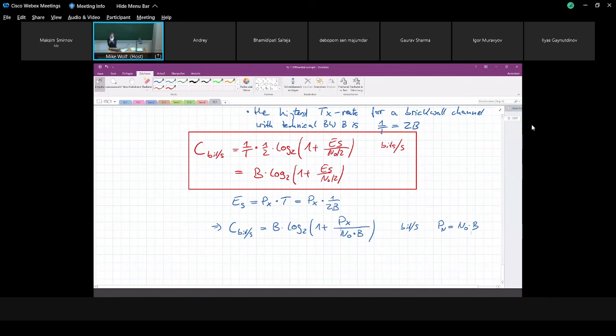So it doesn't help to increase the bandwidth more and more at a given transmit power. You don't increase the channel capacity if you further increase the bandwidth for a fixed transmit power. It doesn't help. This is what is shown in this equation.